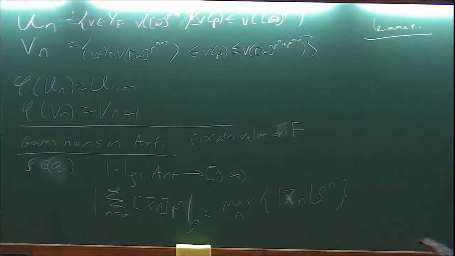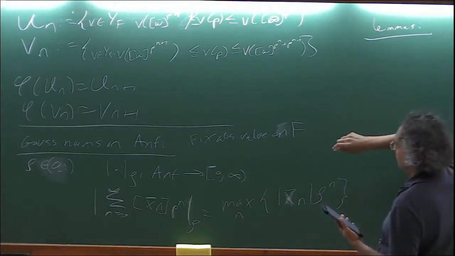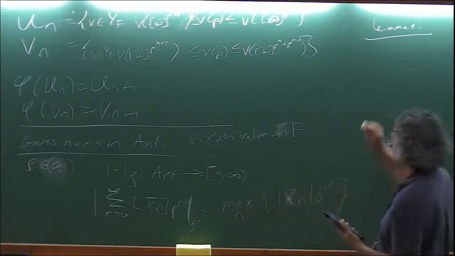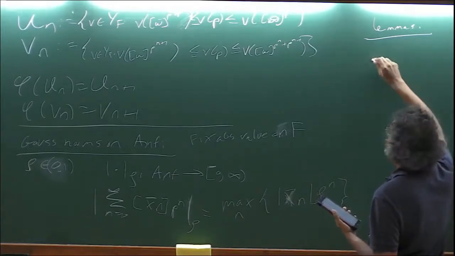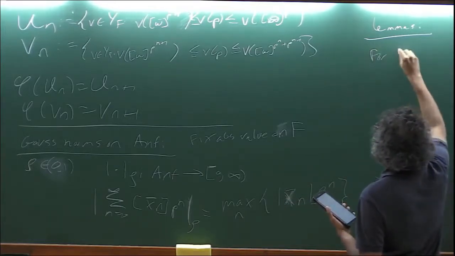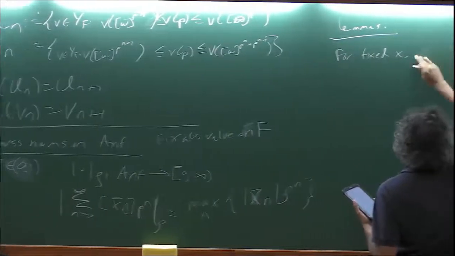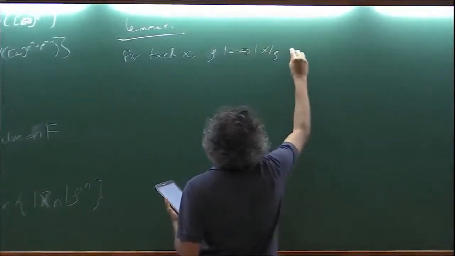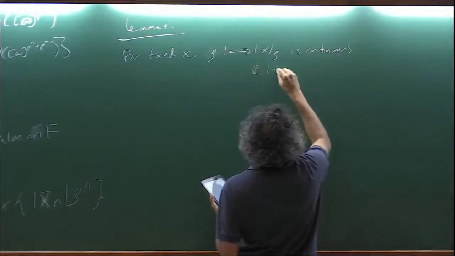So then there's a couple of key lemmas that say this really does behave like a Gauss norm. One is that, well, the one that I want is that it's actually an absolute value. But before I say that, let me mention something which is easier to check, namely for fixed x, the function rho maps to the norm of x at rho is continuous and log convex.